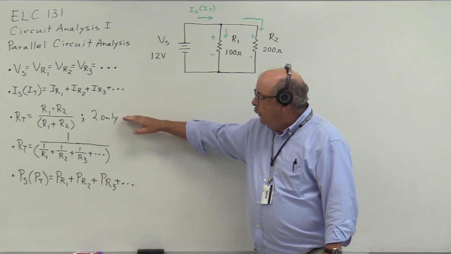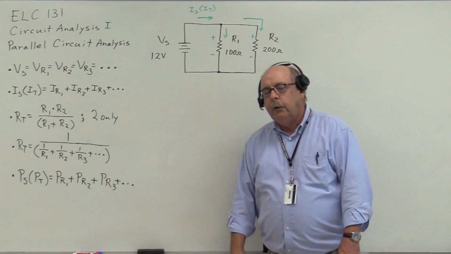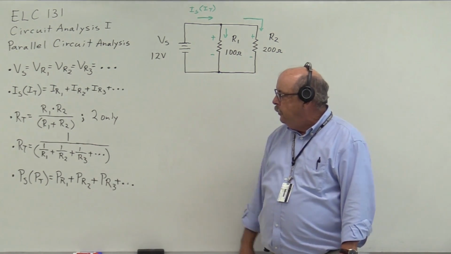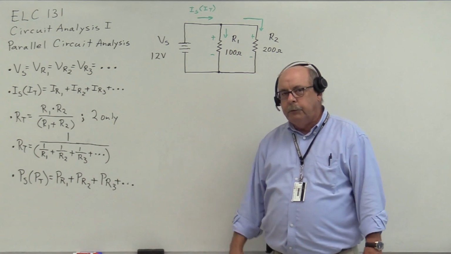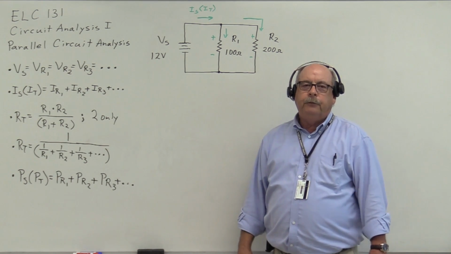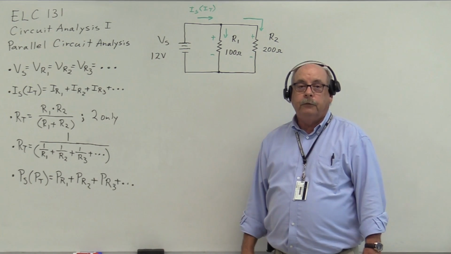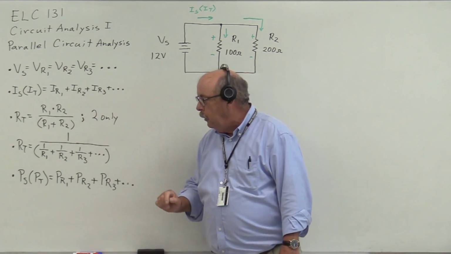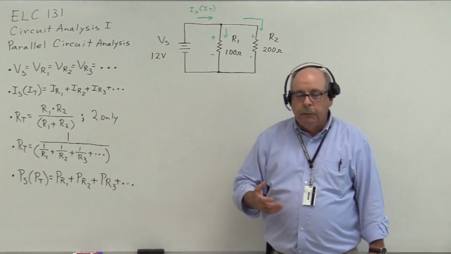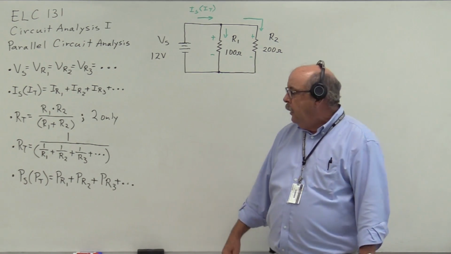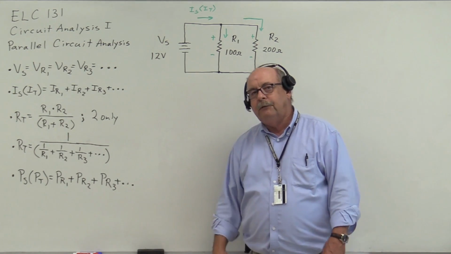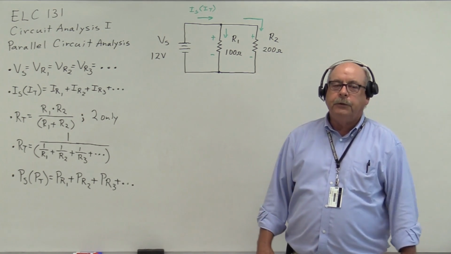Now, there's two formulas we can use to calculate the total resistance of a parallel circuit. The top one can be used only with two resistors in parallel. We refer to this as the product over sum formula. As you can see, it's the product of R1 times R2 over the sum of R1 and R2. And this equation can be used to calculate the total resistance of any number of parallel resistors.